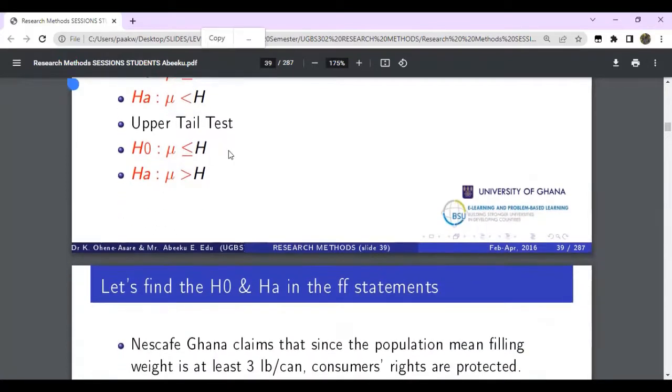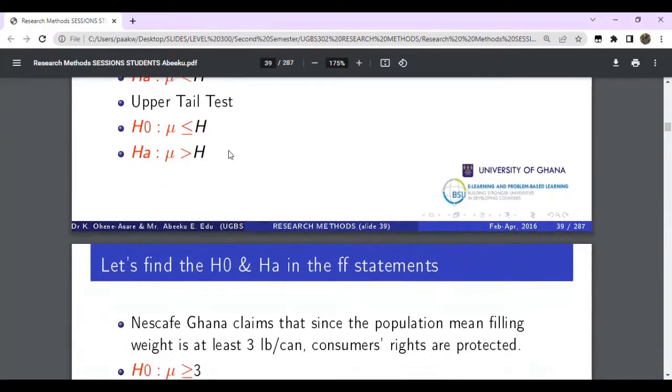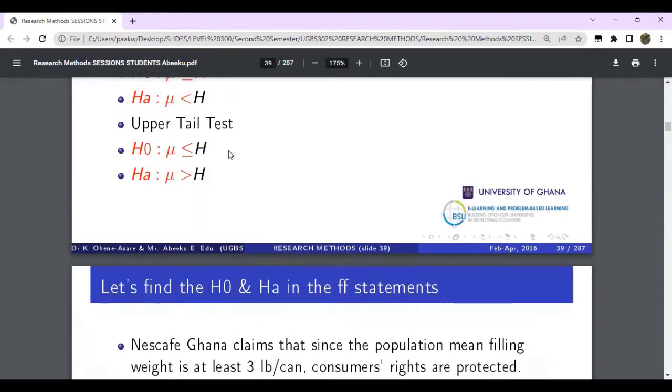Yes, please. So we are saying that let's find the H0, that's the null, and the alternate in your following statement. So read the first one. Can you scroll it up a little?